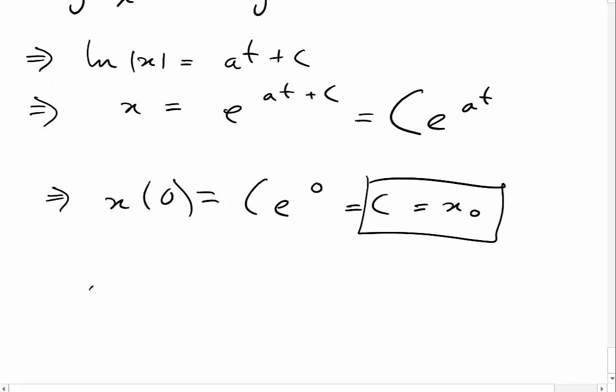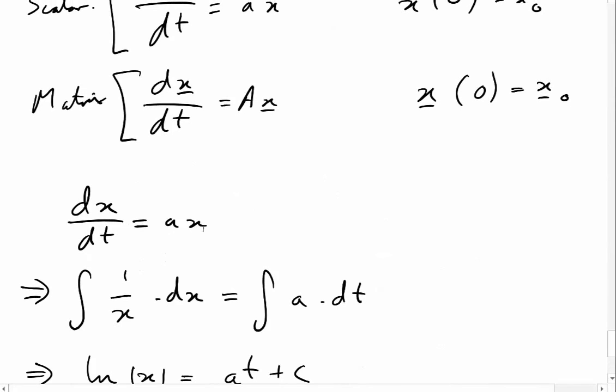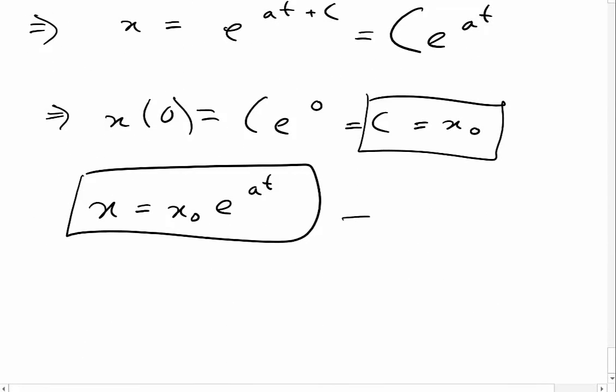So I've got a value for C now, it's just x naught. So now I can say that x is just C e to the at, where C is x naught, so x naught e to the at. So now this is my solution to the scalar case.